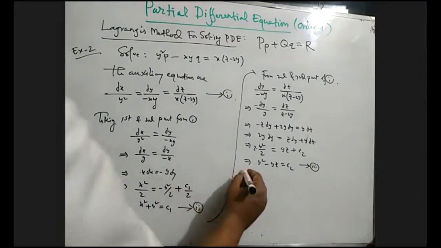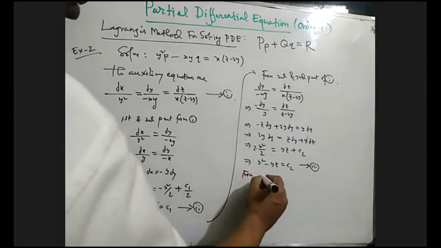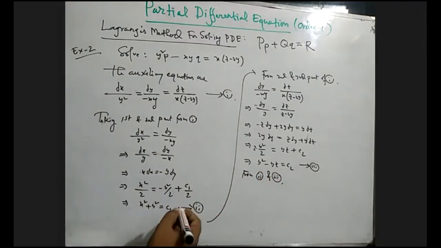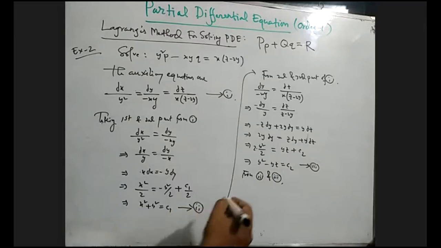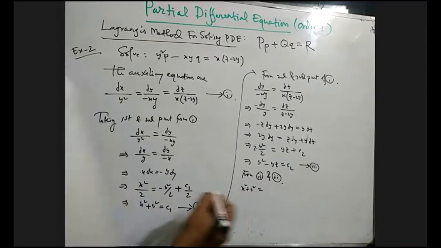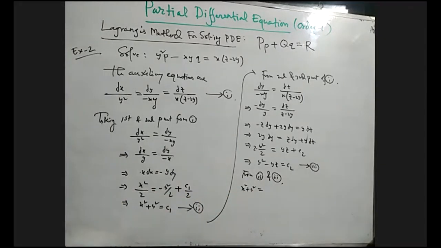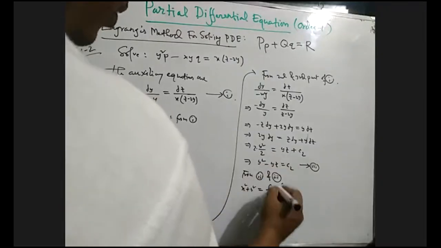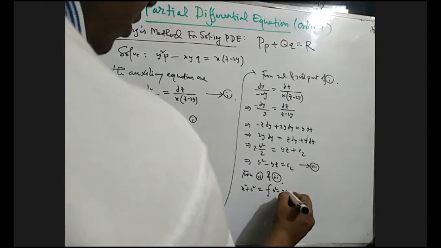So from 2 and 3, x square plus y square equals to f of y square minus yz.